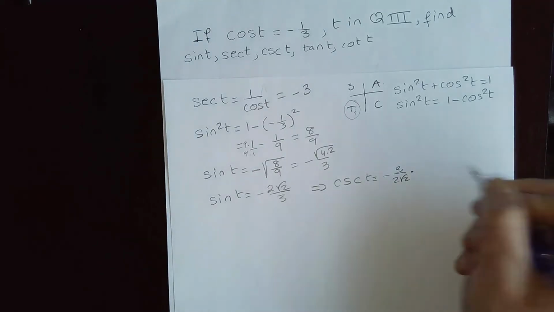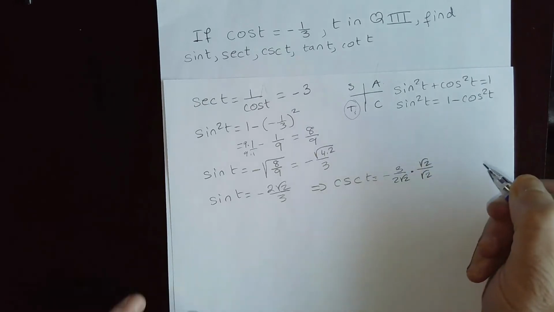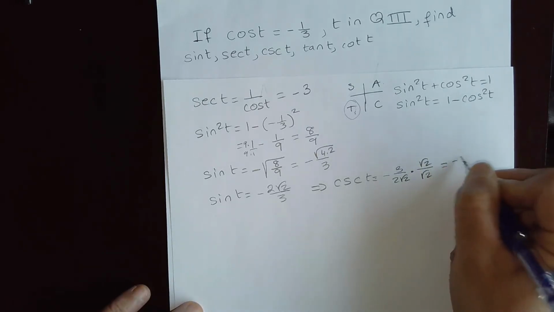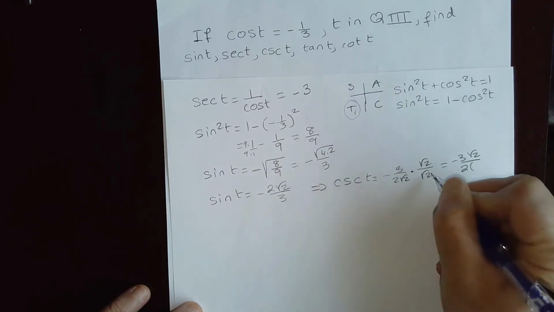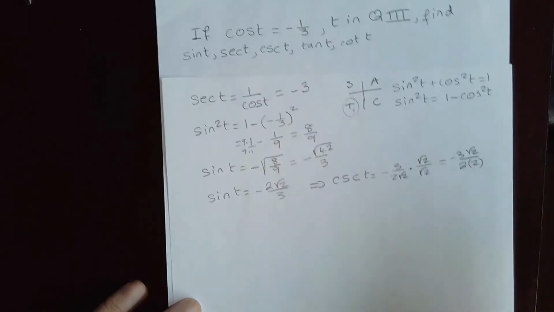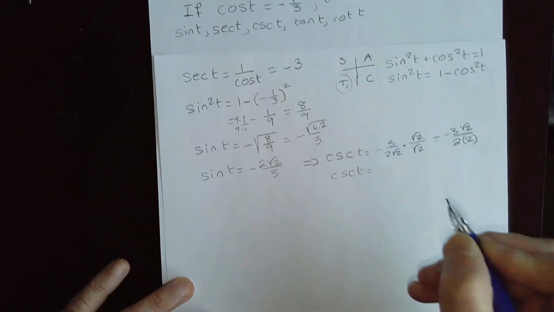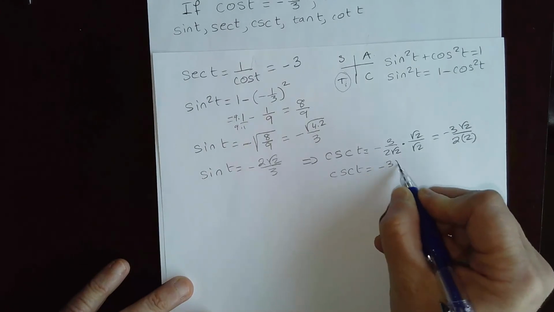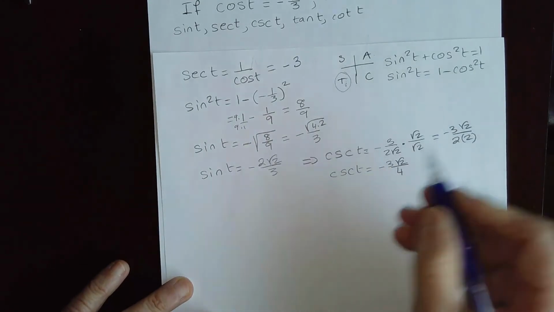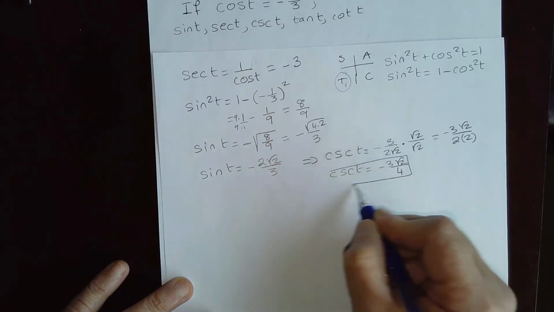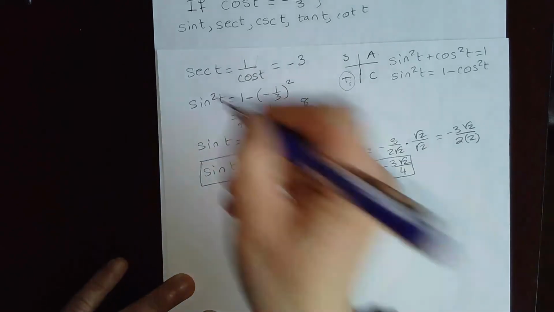Rationalizing the denominator, we multiply by square root of 2 here, square root of 2. That will give us -3 square root of 2/2. Square root of 2 times square root of 2, that's 2. And so cosecant t becomes equal to -3 square root of 2/2 times 2, which is 4. So this is cosecant t, and this is sine t, and secant t.